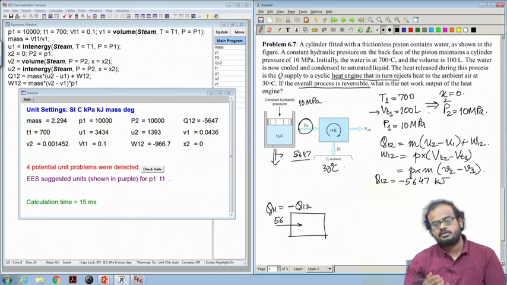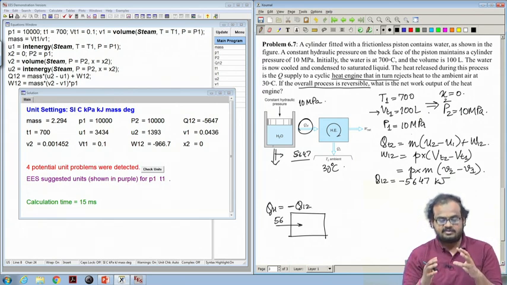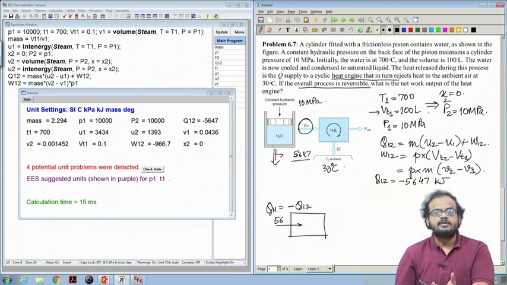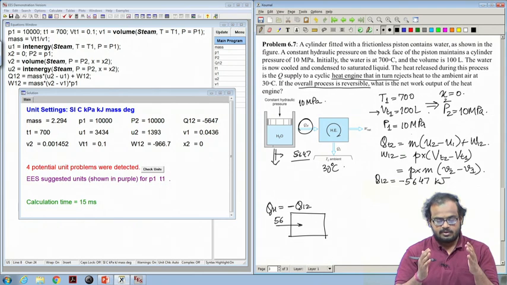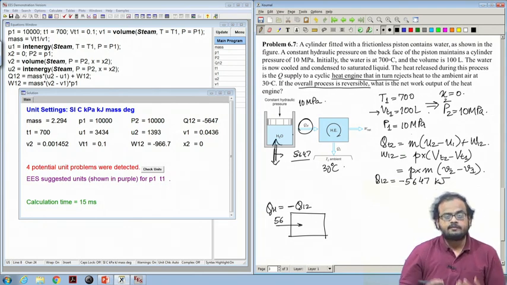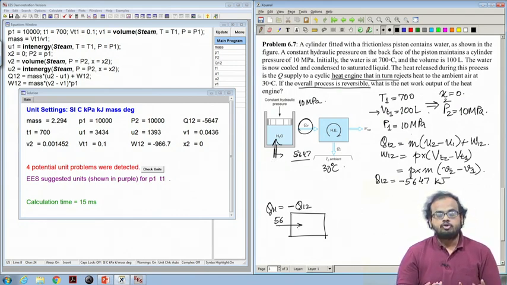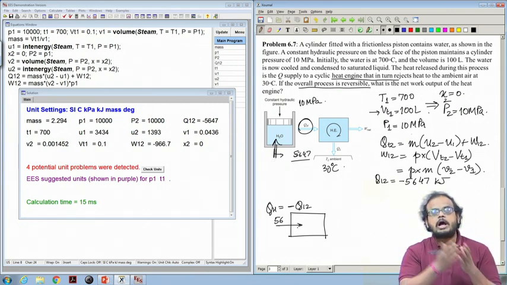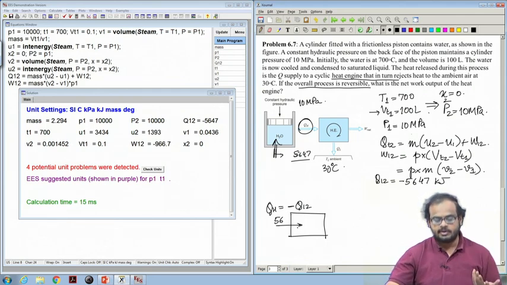Try to understand, because I have considered the control mass as H2O, the sign convention tells me that if I take it as positive, then heat is to the system. That is why I have drawn the arrow like this. The numerical value comes out negative, which means the heat is actually going out of the system; the system is losing heat.